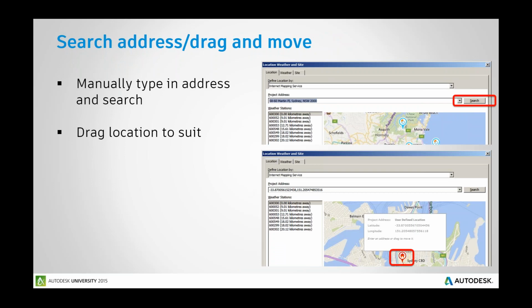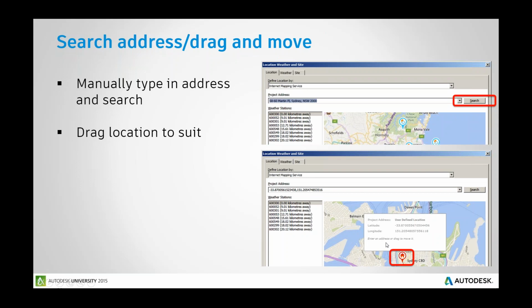For the manual search here, my site is based in Martin Place in Sydney, 58 to 60 Martin Place. I type that in, search, and it will locate the project address with this little house and the pinpoint at that exact address. I can do that very easily, and it's going to also locate some weather stations here.